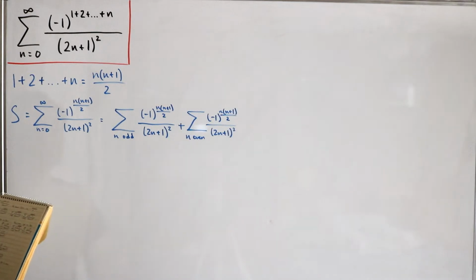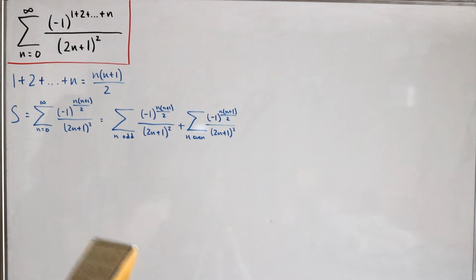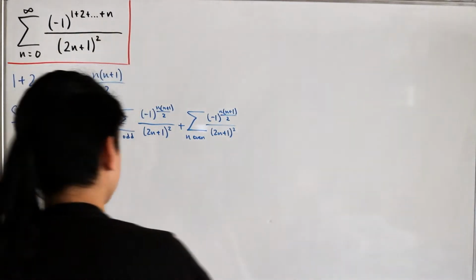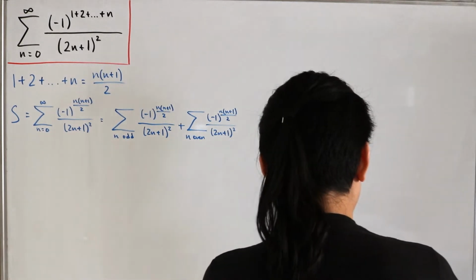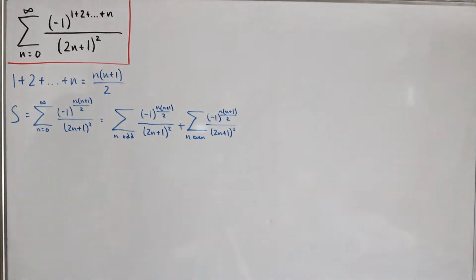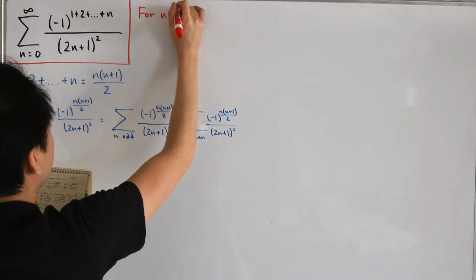From here, there are going to be some substitutions that we're going to be doing. So I'll put this on the top over here just to utilize the room, and then we can continue forward from down here. Of course, we're dealing with odd terms and even terms. For the first part, I'll let n be an odd number.